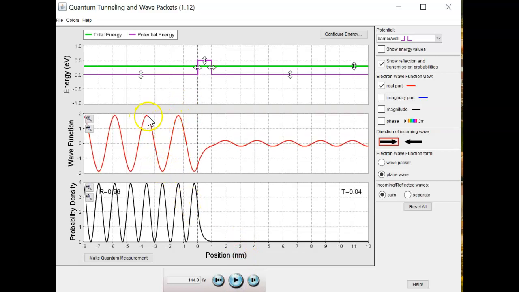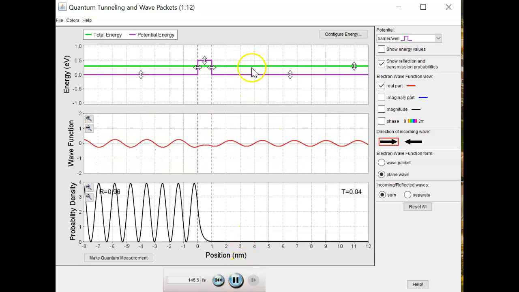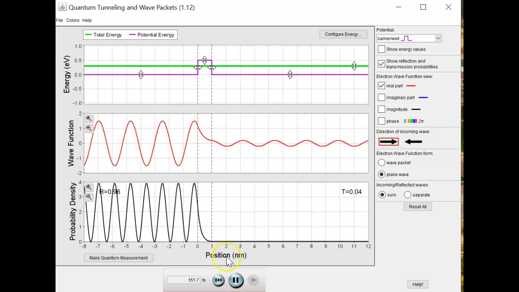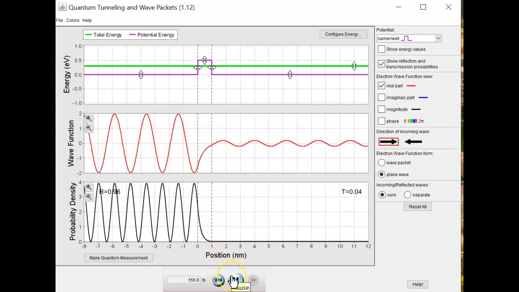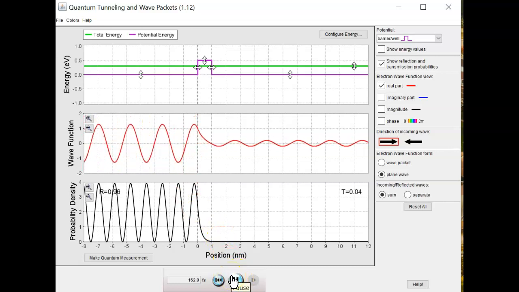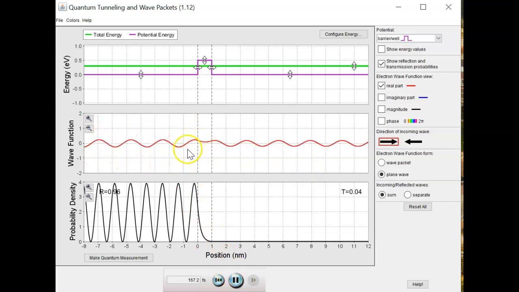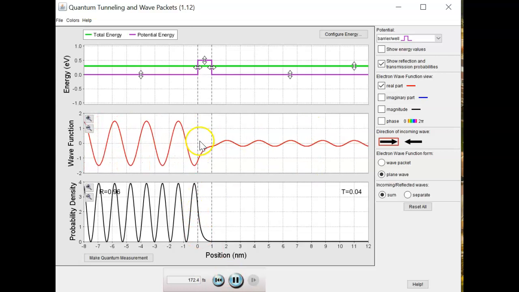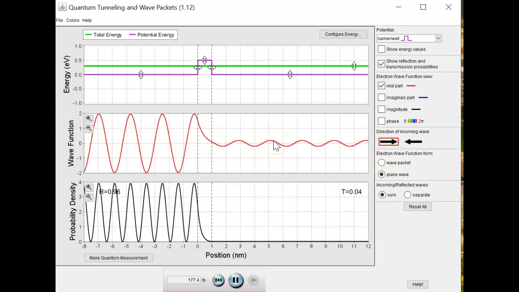Notice here that again, it's really close. Let's see, 1, 2, a little more than 2. And again, here, count 1, 2, and here 1, 2, a little more than 2. Our energy hasn't changed. Again, that green bar is the same on the left and the right. So please, please, please understand that the energy of the particle doesn't change as it quote unquote tunnels through the barrier. It's just a question of the probability.